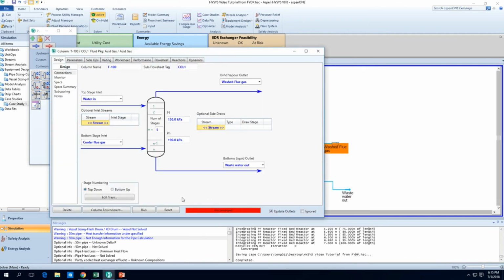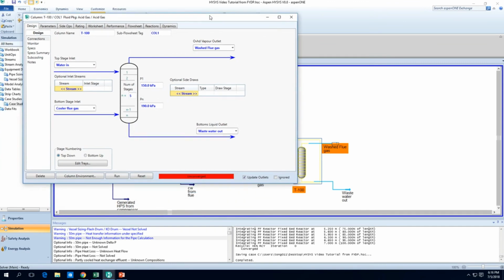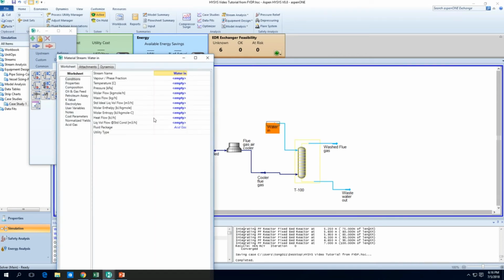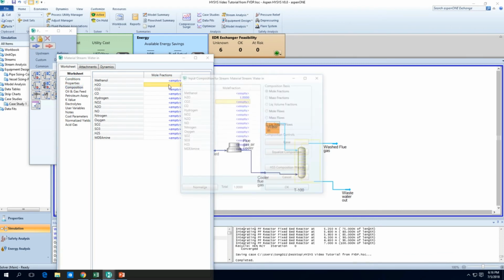So this is your tower, and the water, it's not going to converge because we have not defined this yet. So this is coming in at 32, pressure about 150, and it's all water.